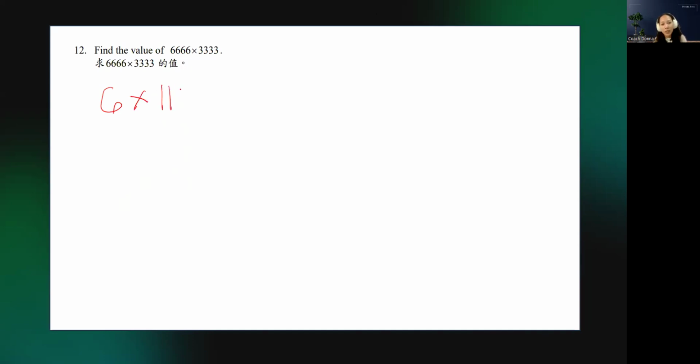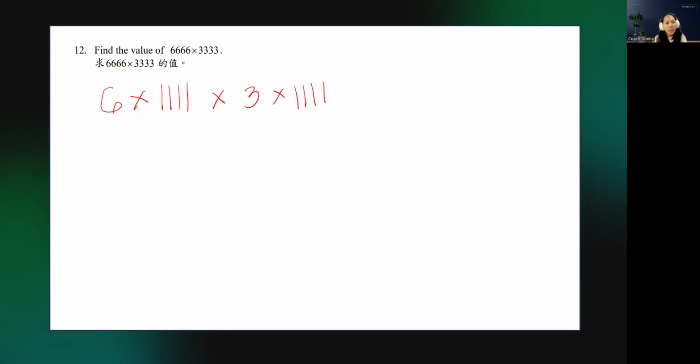6,666 is equal to 6 times 1,111. And then multiply it by 3,333. That is still being multiplied by 1,111. So in this case, you have now taken out the 1,111.